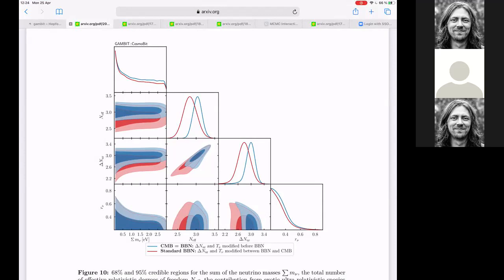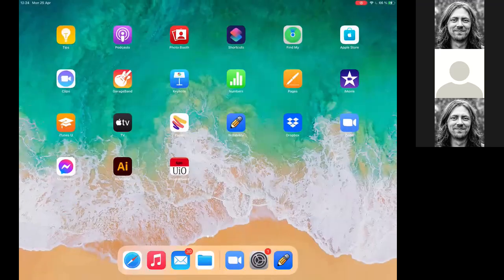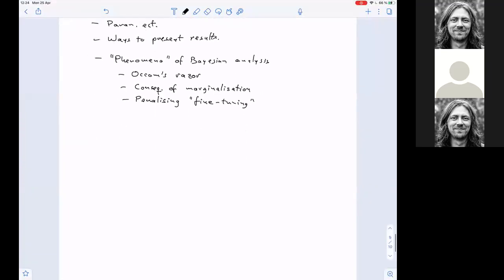Either you might integrate a small region with a fairly high likelihood times prior product, or you can integrate a large region with a not so high likelihood, but it's compensated by the fact that you're summing over a large region. So this is one of the things that we need to be aware of. So I'll just draw a quick illustration of that.